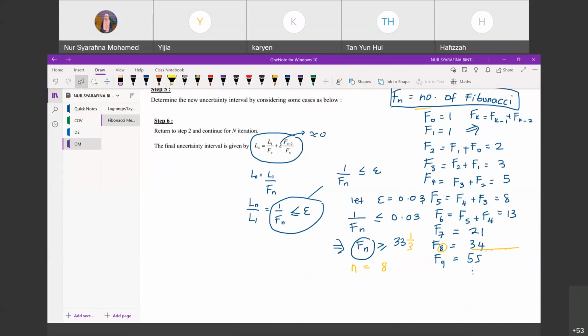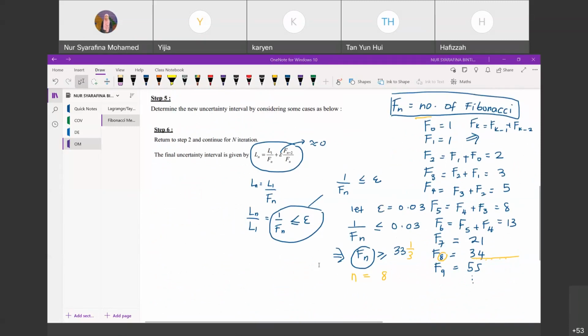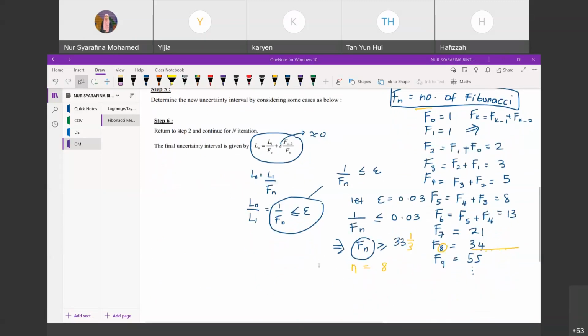Once you obtain the value of Fn here, you can decide the number of iterations. Is that clear? Any questions for this? So far understand? Okay.